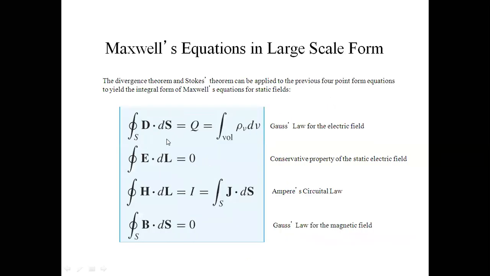Yes, very easy. Here all those have been written. These are Maxwell's equations in integral form for a static field. Again I am stressing the word static field. For a dynamic, time varying field, this will get changed.